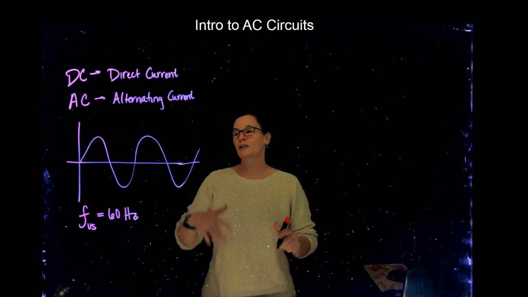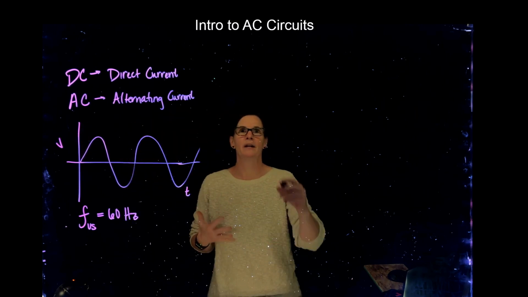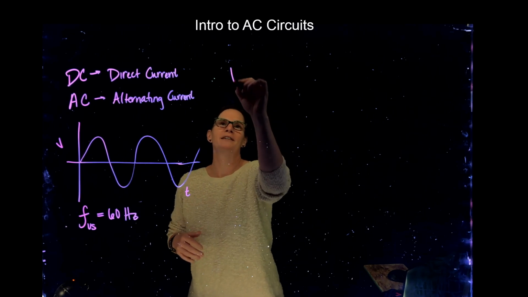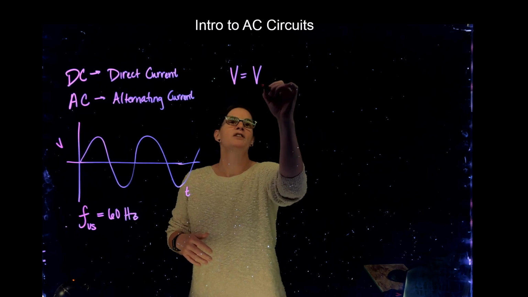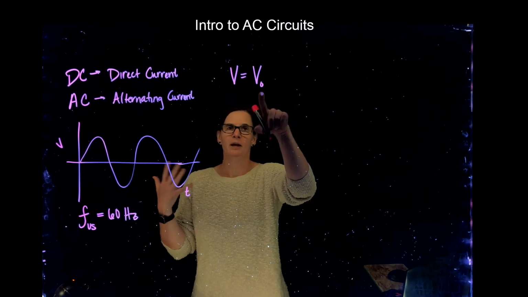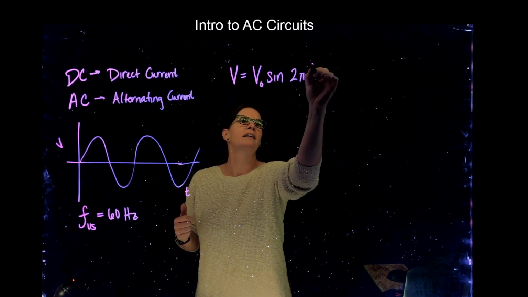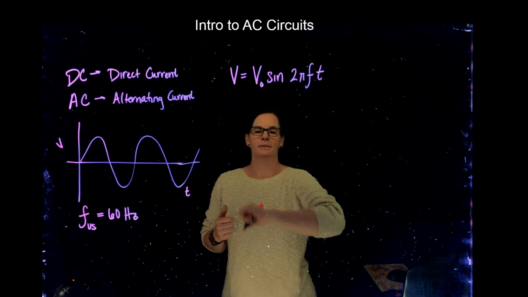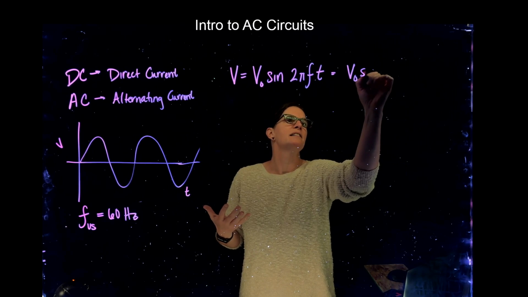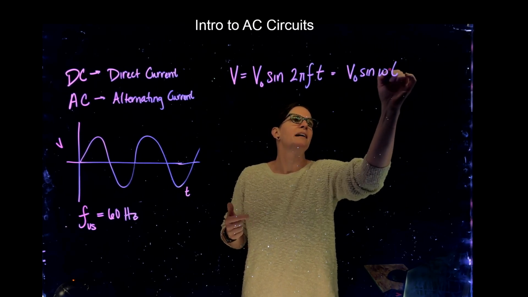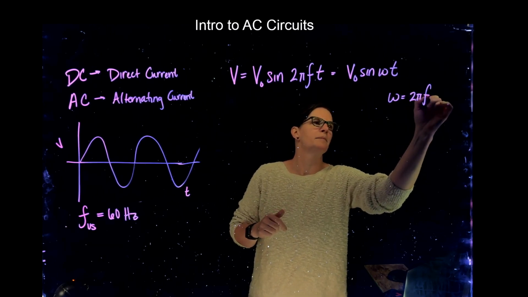All right, if we're looking at the voltage per time that's produced from a generator, a sinusoidal function is given by the equation voltage is equal to V naught, we'll talk about what that means, times the sine of 2 pi, the frequency, times time. This is also written as V naught sine omega t, where omega is equal to 2 pi times frequency.